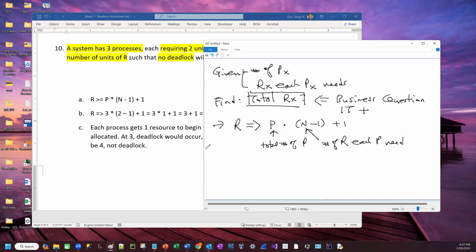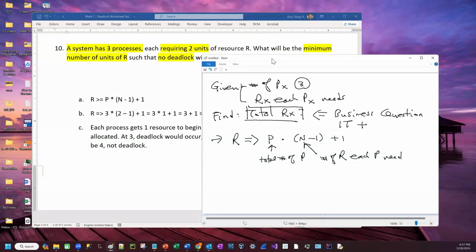In this problem, they told you there were 3 processes, and each process needs 2. So this is the P, this is the N. This becomes 3 times 2 minus 1 plus 1. So that's 3 times 1 plus 1, which is 4.